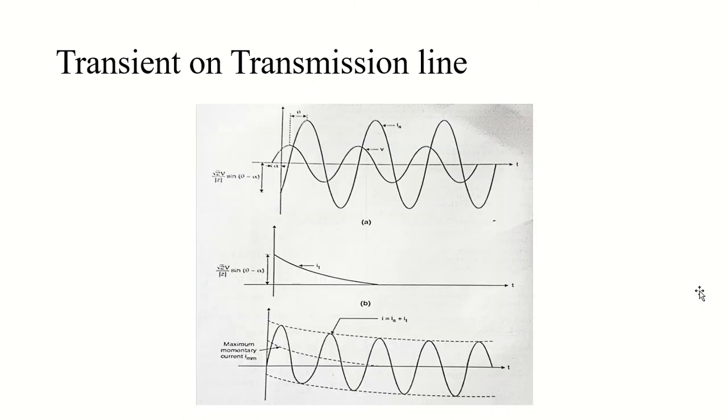So here we have my current waveform. You can see this waveform is my steady state current, or my symmetrical short circuit current, right? So it is the part of v max by z sine omega t plus alpha minus theta.